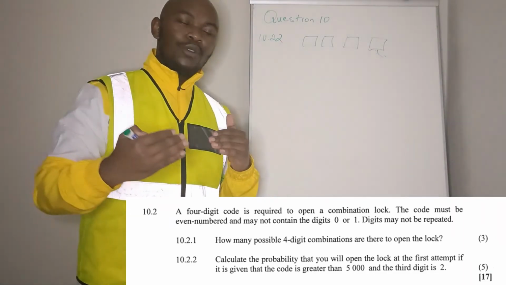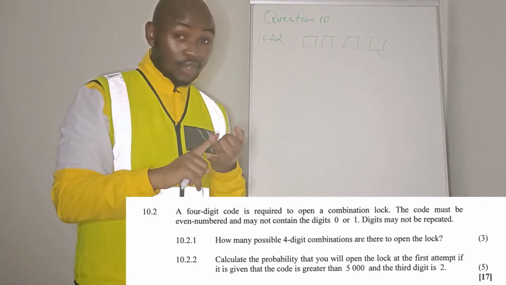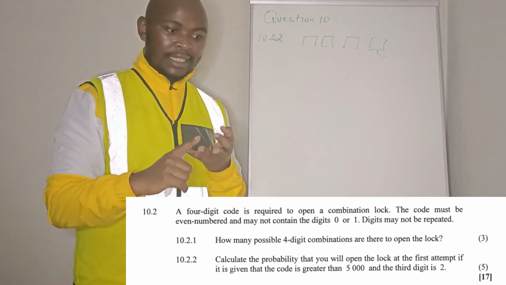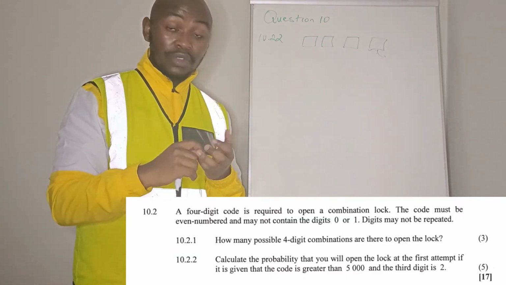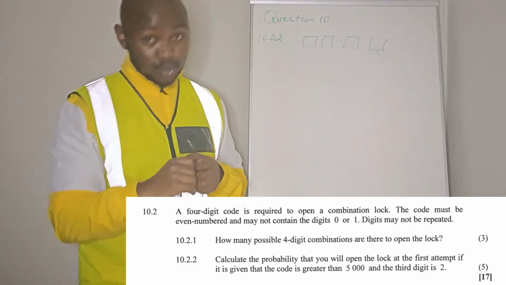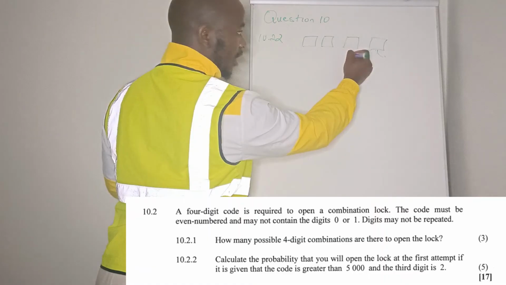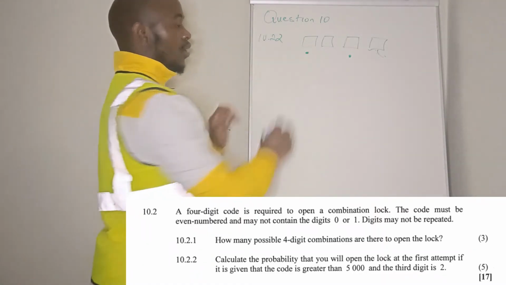Out of the requirements that we had before, which are an even number, no 0 or 1, and the digits must not be repeated, we are now told that the number must be greater than 5000, and also the third digit must be a 2. So we now have a restriction on the third digit, and a further restriction on the first one.